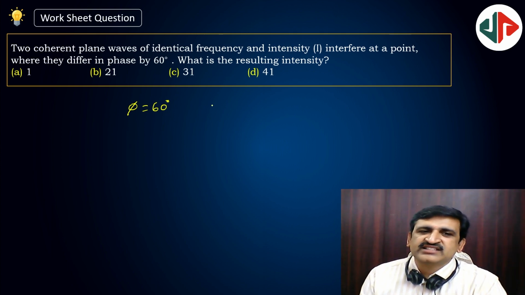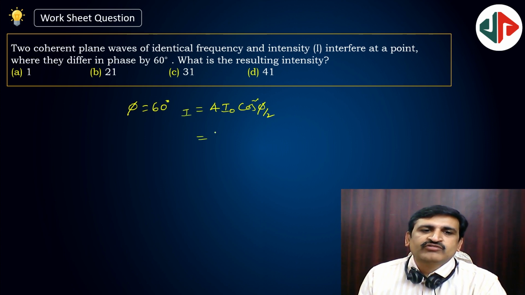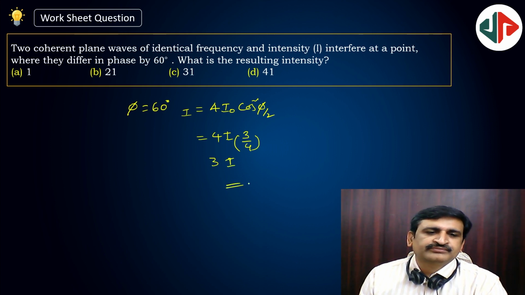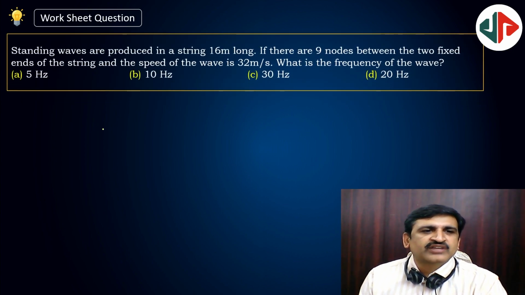Then resultant intensity I is equal to 4 I naught cos square phi by 2. 4 I naught cos square 30, cos 30 is root 3 by 2, its square is 3 by 4. Why should I waste time? So it must be 3 I naught.